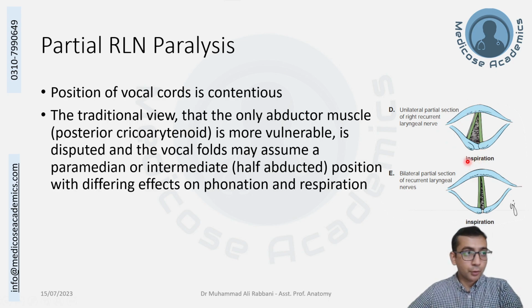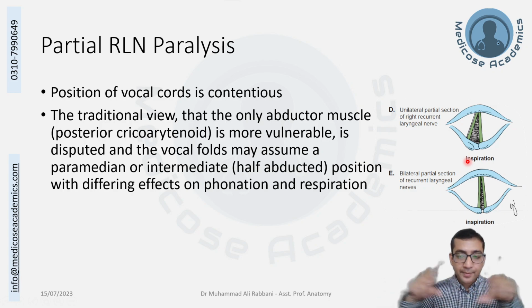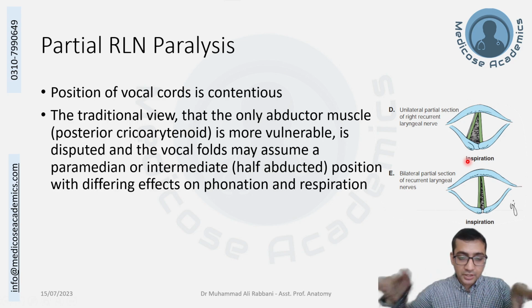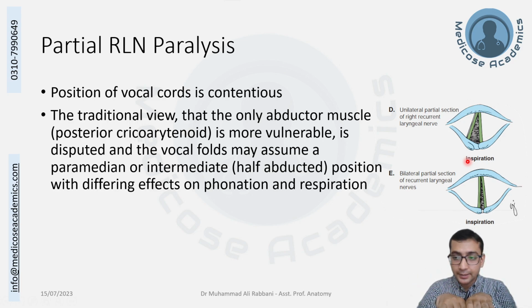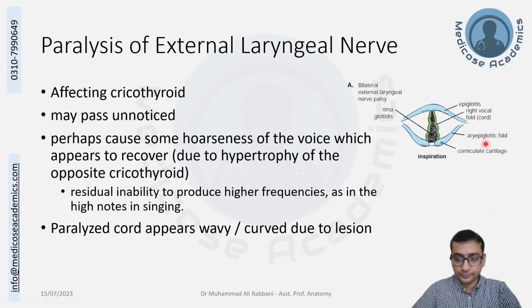But if both recurrent laryngeal nerves get partial palsies, abduction of both vocal cords will be lost and both vocal cords will come to the midline. And this is an acute condition. You have to do tracheostomy immediately because the vocal cords are closed, stuck, and the airway has been blocked. So you have to act immediately to open another airway, that will be tracheostomy right here.